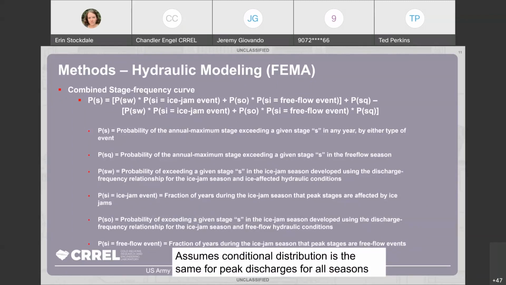So essentially, you don't have a situation where your annual peak discharge is always during ice jam season. I think it makes that assumption that doesn't occur. So please be aware of those assumptions and the terms related to this. Hopefully there's a good enough description that everybody could work their way through it if they needed to.